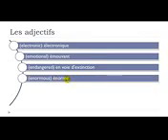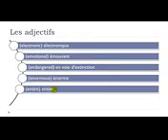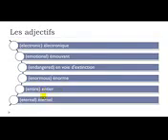Énorme. Final E not pronounced, énorme. Entier. So remember, I-E-R, yé, okay, and then the T, tier, and the nasal before, entier. Éternel. Okay, so accent aigu, éternel.